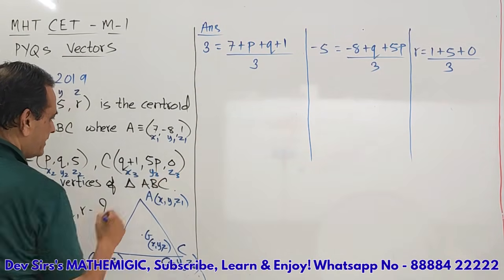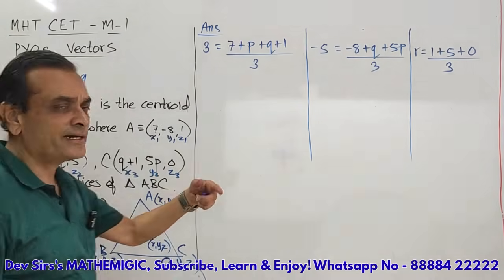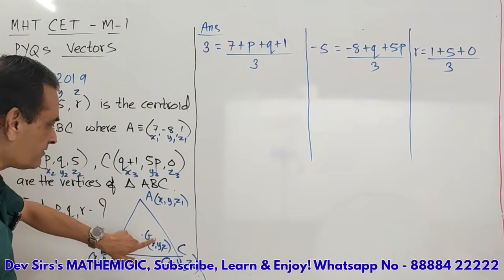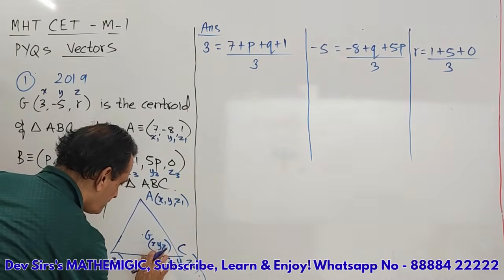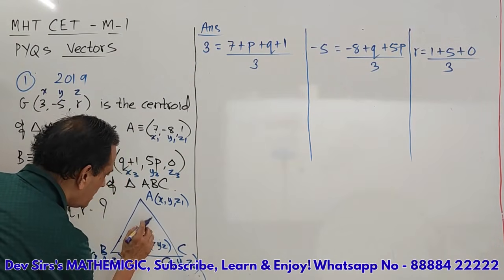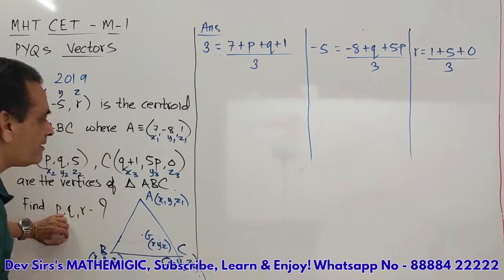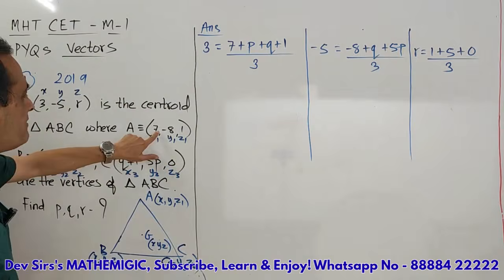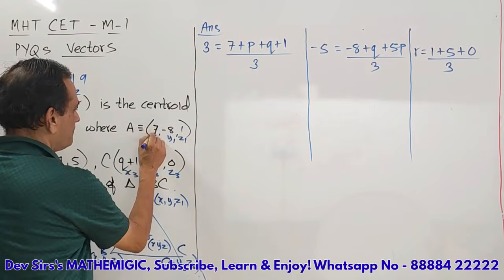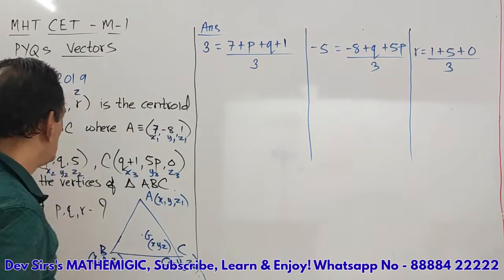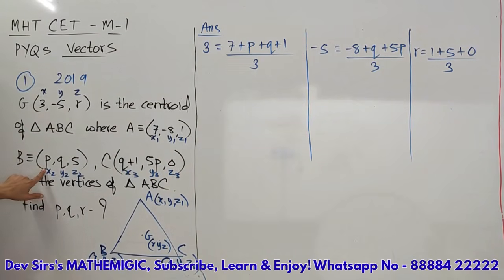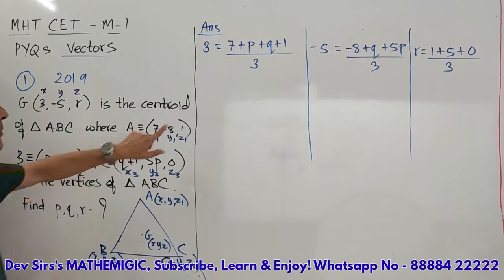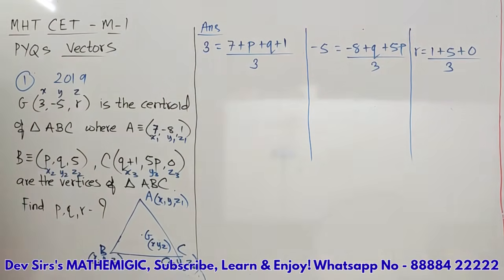Just look at the formula and directly write. X is equal to X1 plus X2 plus X3 upon 3. So X means 3. 3 is equal to X1, that is 7, plus X2 is P, plus X3 is Q, plus 1 upon 3, right?